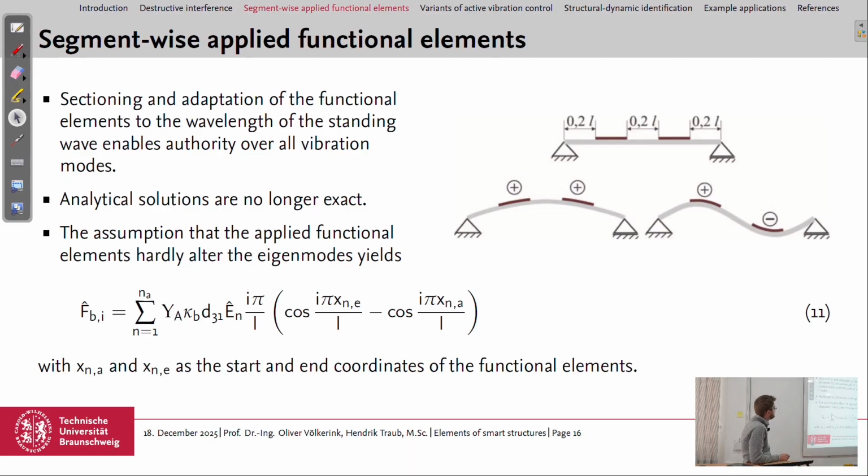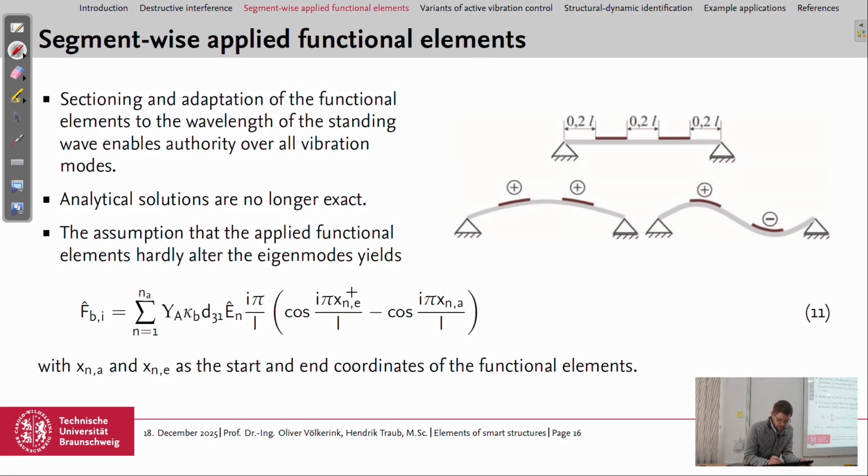Now we are coming to really segment-wise applied functional elements. So we have two functional elements on the structure, and then we have a new description of the generalized excitation by these two functional elements.